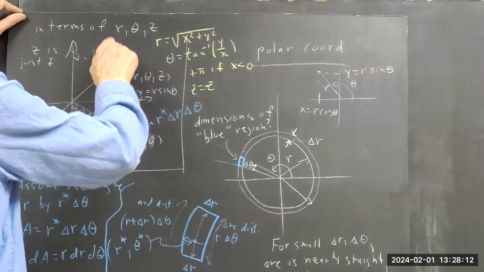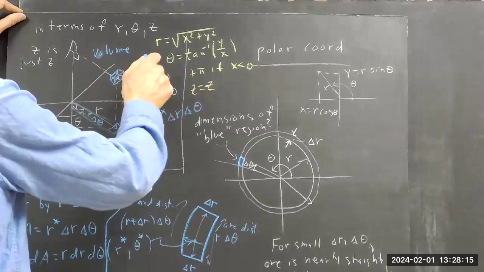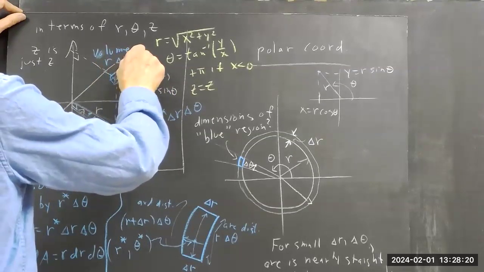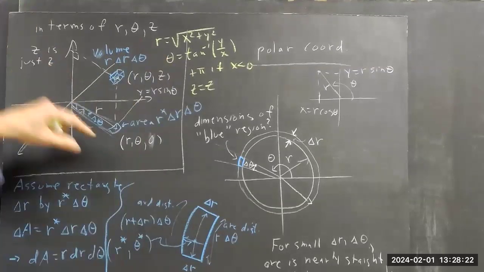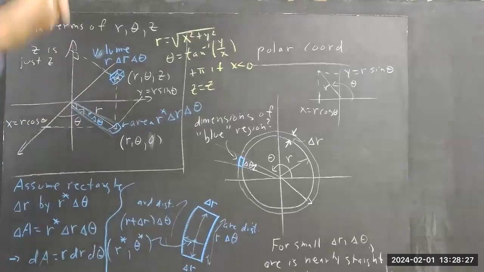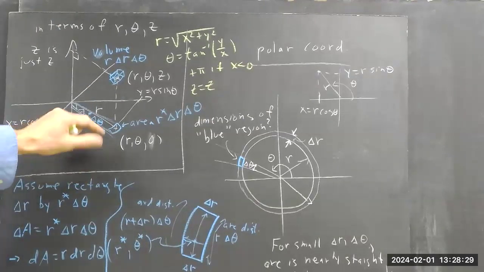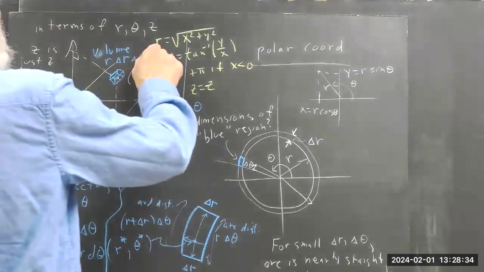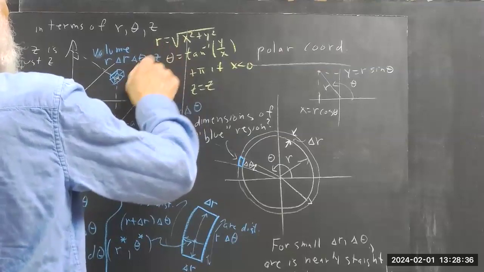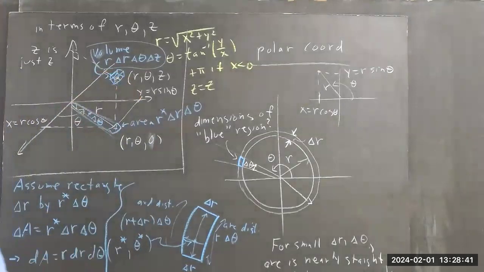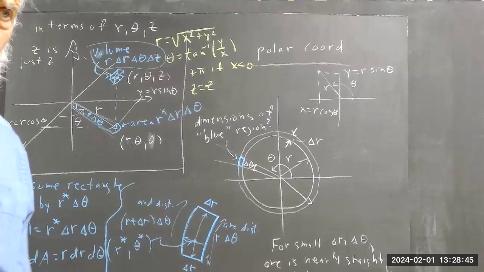Its volume, you see better pictures in the book. Its volume is r delta theta, which is the area of the base. Z is perpendicular to the plane of this thing. So your delta Z is an altitude. And your volume is R delta R delta theta delta Z. That makes sense?